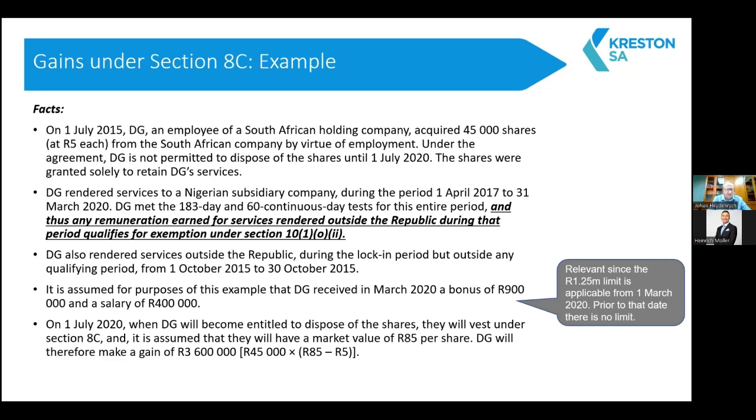All right. DG also rendered services outside the Republic during the lock-in period, but outside any qualifying period, from 1 October 2015 to 30 October 2015. That's just 1 month. All right, so on 1 July 2020, when DG becomes entitled to dispose of the share, they will vest under Section 8C, and the market value is 85 rand, so you've got 3.6 million rand.